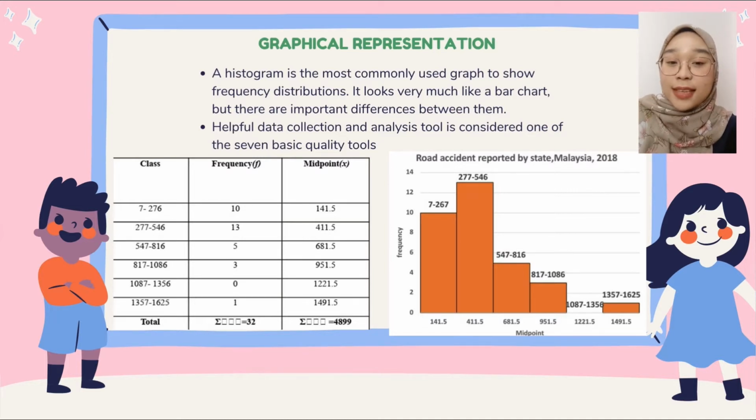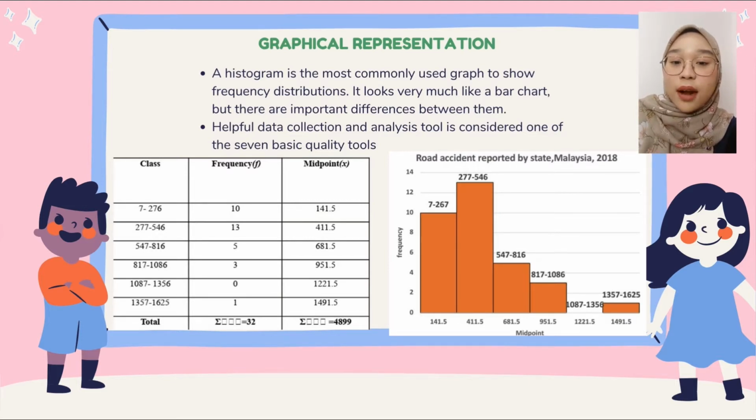The frequency of each class is described by the use of bars. The higher the bar, the greater the frequency of the class. The table below shows the class frequency and midpoint of the road accident report.